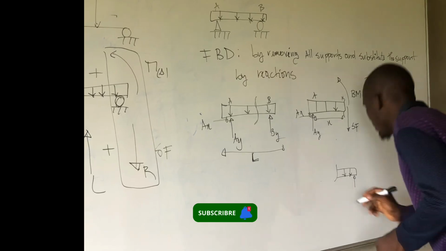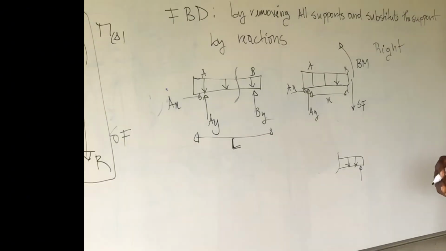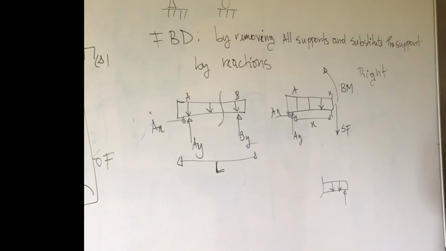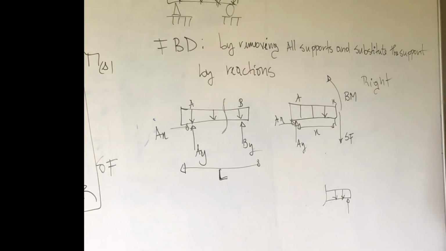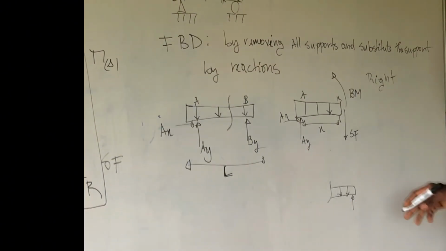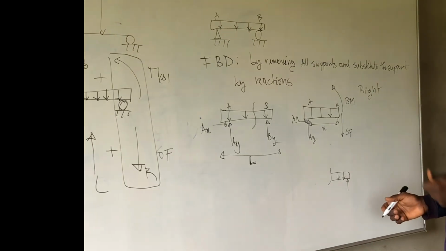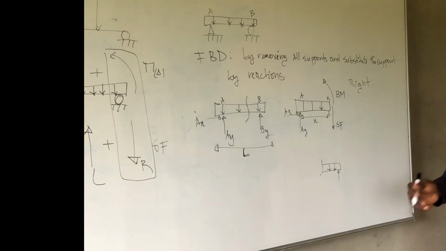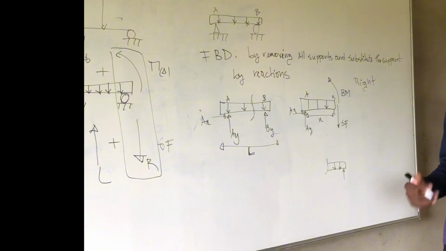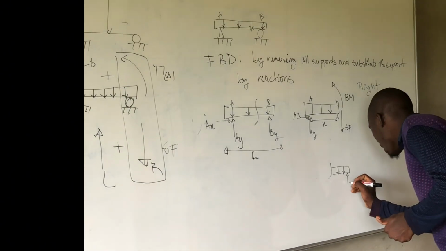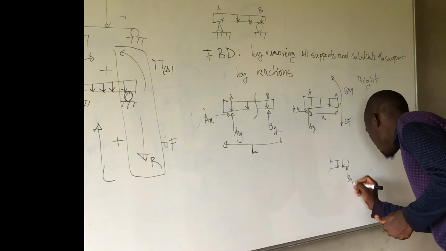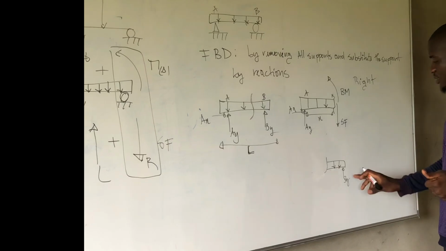And don't forget, when you make your cut and you are about to represent the shear force and the bending moment, you should not forget that your external forces, that is your reaction forces, should be well represented. It's not because you make a cut that you will remove your reaction forces. That's why we are representing again our B forces.